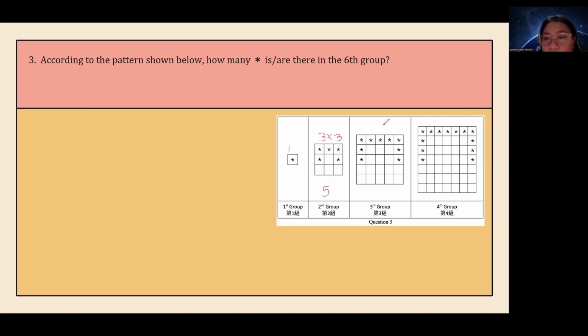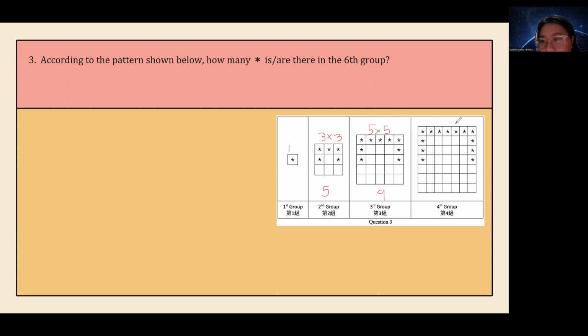Now, for the third group, we have a 5 by 5 box with how many asterisks? 1, 2, 3, 4, 5, 6, 7, 8, 9. Okay, 9. And so for the fourth group, let's look at the fourth group.